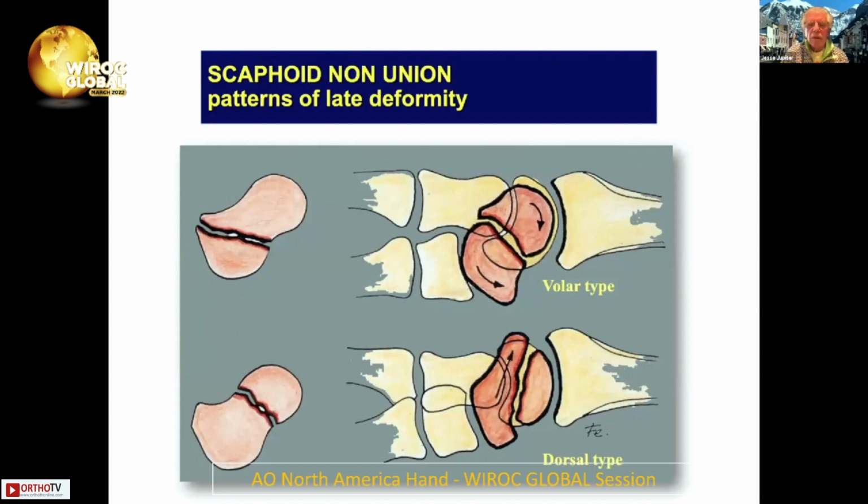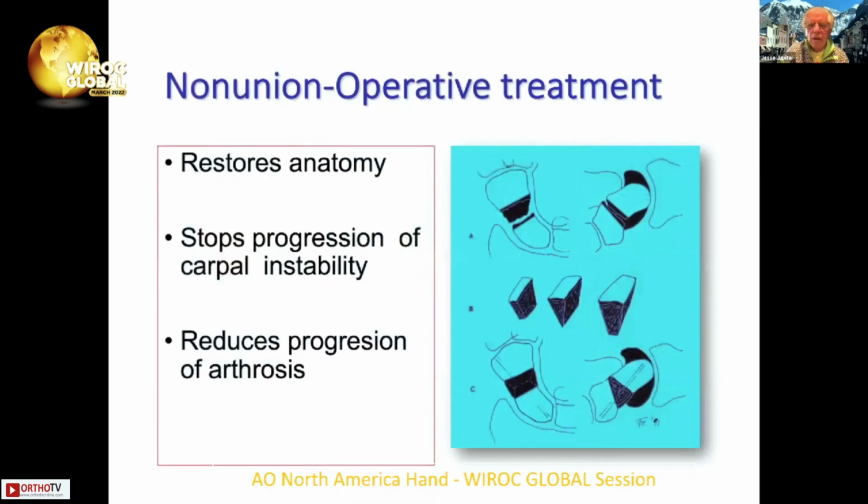Realize that in these deformed non-unions, they may be, as described by Stephen Villegas, a volar type or a dorsal type. So it may be different, and that's why CT, as Dr. Blazer said, is critical in analyzing these. The advantage of this is that you not only are restoring the anatomy, but hopefully realigning the carpal kinematics and maybe slowing down the progression of osteoarthritis.